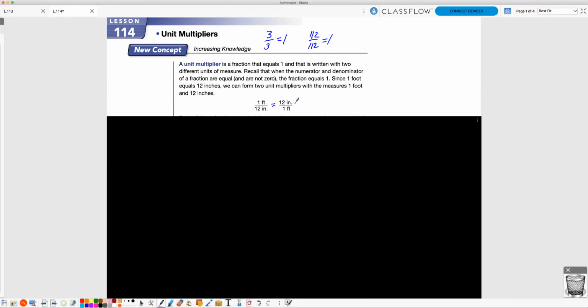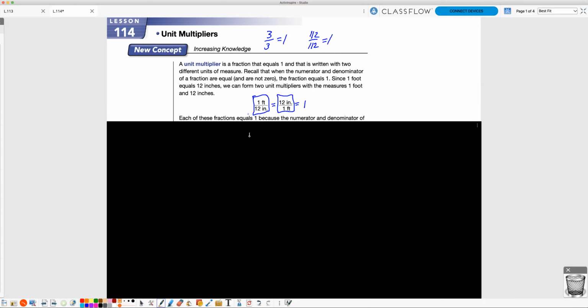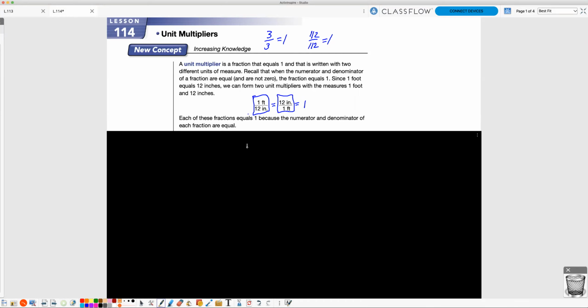These are both equal, and they're both unit multipliers that are equal to 1. This is considered a unit multiplier, and this is another unit multiplier. Each of these fractions equals 1 because the numerator and the denominator of each fraction are equal.